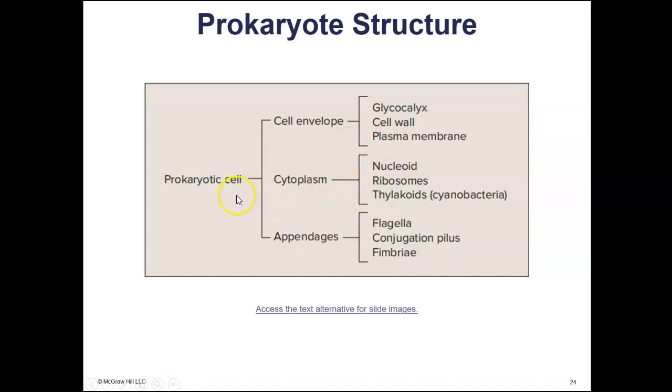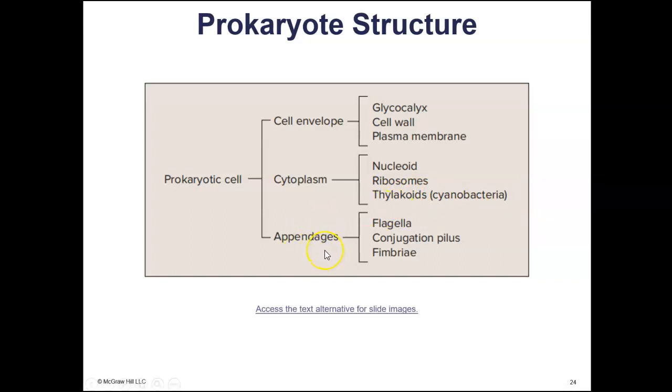So this is an outline of the structure of a prokaryotic cell. A prokaryotic cell will have a cell envelope composed of the plasma membrane on the inside, surrounded by a cell wall and a glycocalyx, which can be like a slime layer, or it can be tougher. It can be a capsule. And then the cytoplasm on the inside will contain the nucleoid region where the DNA is found, ribosomes, and thylakoids only in the cyanobacteria, which are photosynthetic.